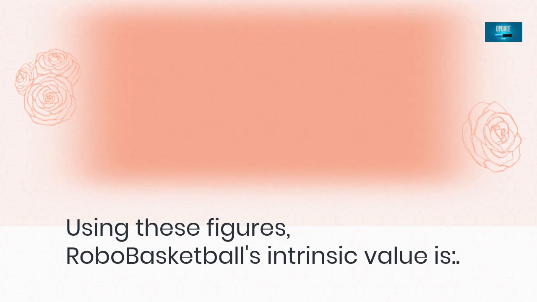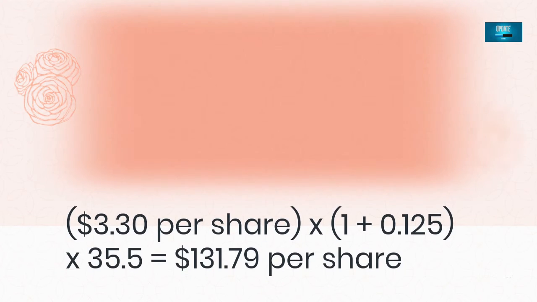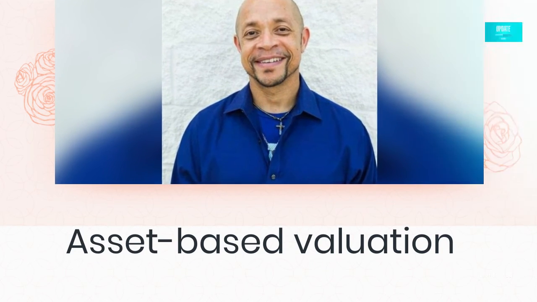Using these figures, Robo Basketball's intrinsic value is $3.30 per share, x (1 plus 0.125), x 35.5 equals $131.79 per share.